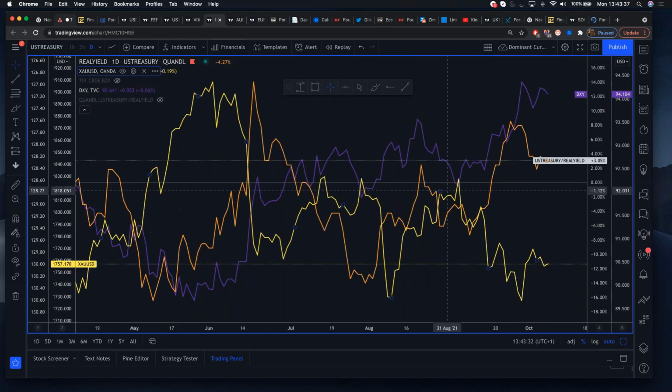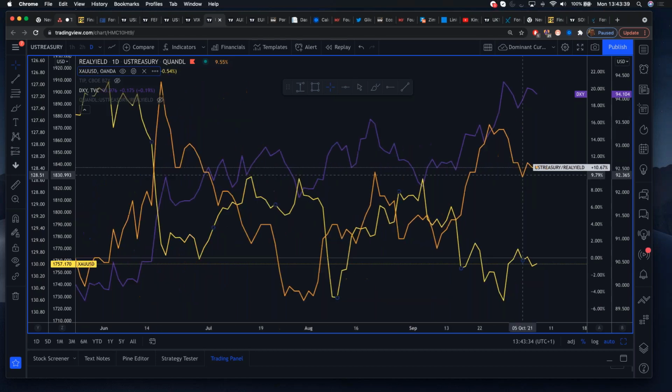If you look here, what you can see is that when real yields push higher alongside the dollar, you see gold move lower. So at the moment, that push higher in real yields and the dollar has been pushing gold lower. So if real yields keep rising and the dollar keeps rising, expect gold to fall, right? If real yields keep rising and the dollar keeps falling, expect gold to fall. That's the number one thing to be thinking of.